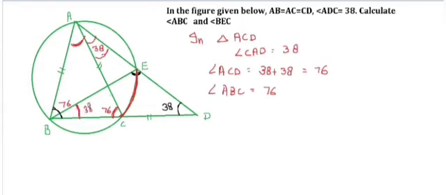So here we can write angle EBC is equal to angle CAE equals 38. The reason we can write is angles in the same segment.